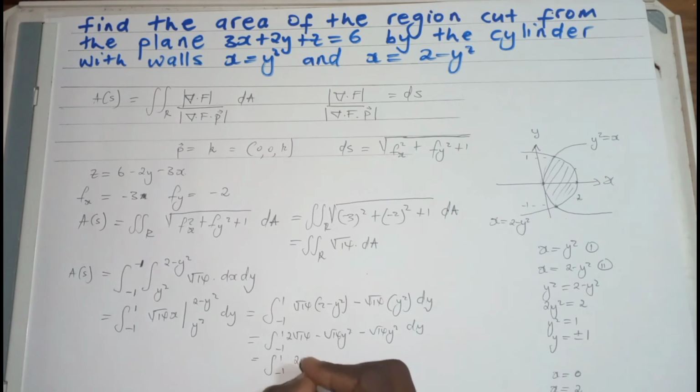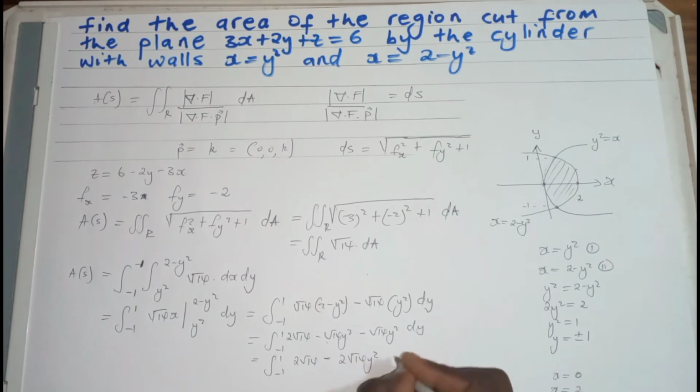So we got 2 root 14 minus root 14 y squared minus root 14 y squared, which is 2 root 14 y squared, dy. If we have a situation like this, you know that the limits range from -1 to 1.